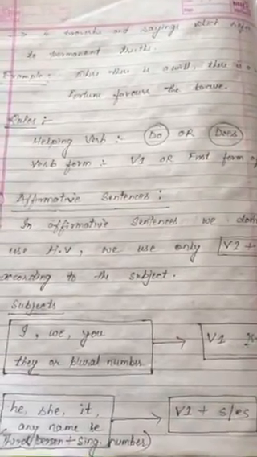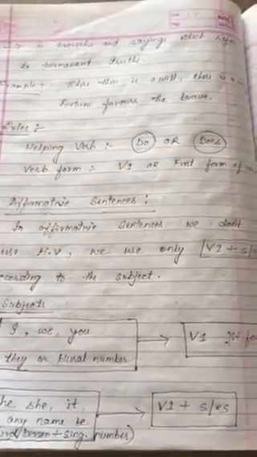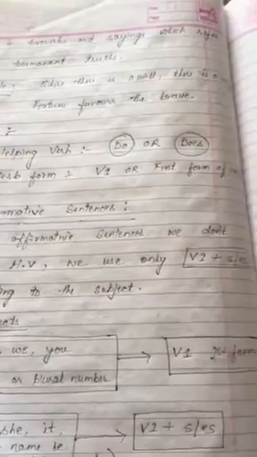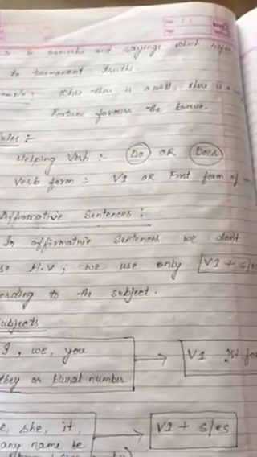So first of all, in affirmative sentences, we are not supposed to use helping verb. Okay, we don't use helping verb of this tense in affirmative sentences. Affirmative sentences means positive sentences.